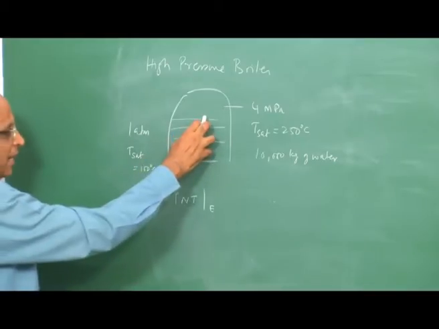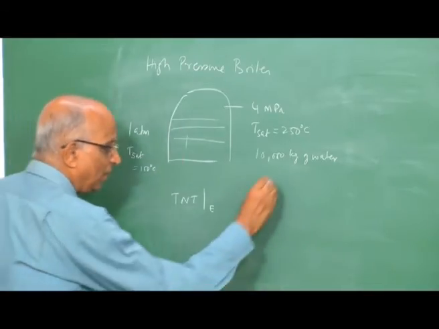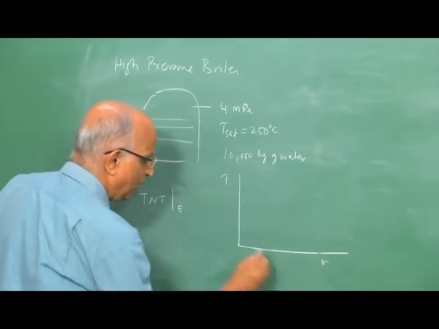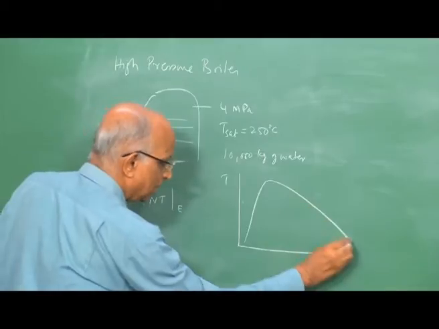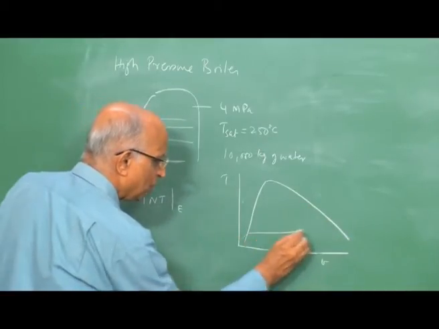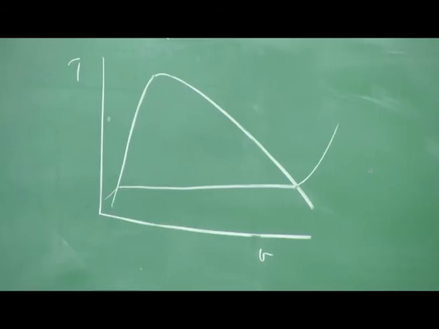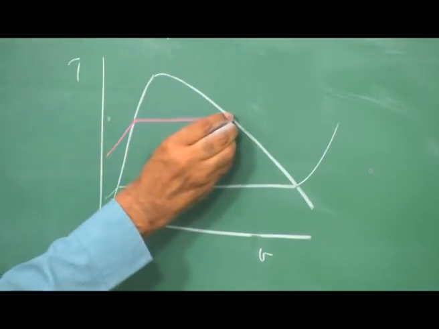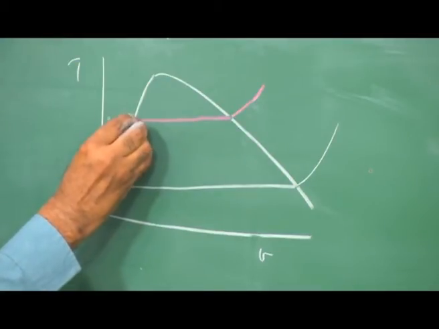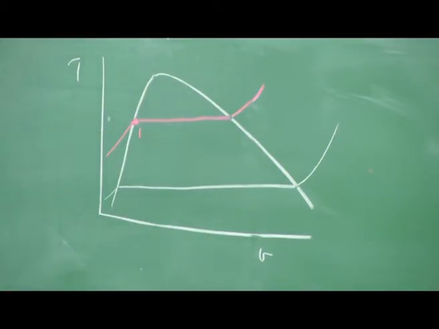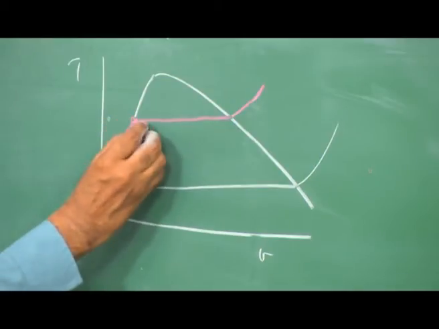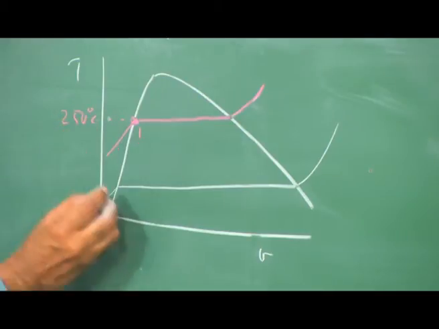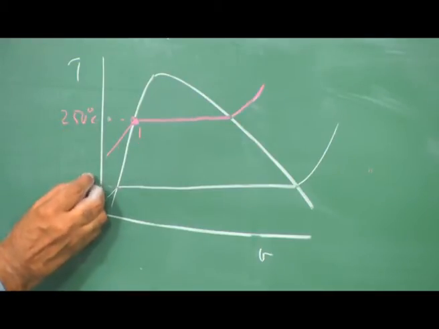Therefore, I have to calculate the energy of this particular explosion. What did we do in the case of flash vaporization? We had the T versus V diagram, the water line, the steam line, the 1 atmosphere pressure line, and a line for 4 MPa. This is the state of water, let us say state 1, at 250 degrees centigrade, and this is at 100 degrees centigrade.